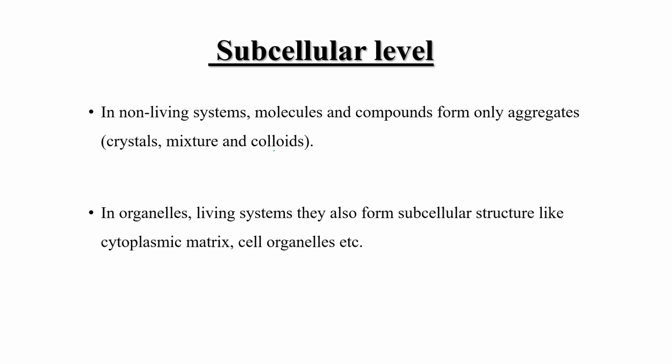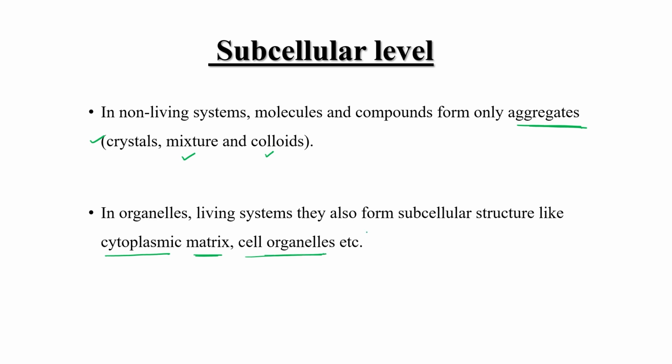Right. Then subcellular level. In a non-living system, molecules and compounds form only aggregations. Means after the combination of different types of molecules, they may form different types of crystals. They may create some kind of mixture or colloid. Right. In organelles, the living system, they also form subcellular structures like the cytoplasmic matrix and different cell organelles.